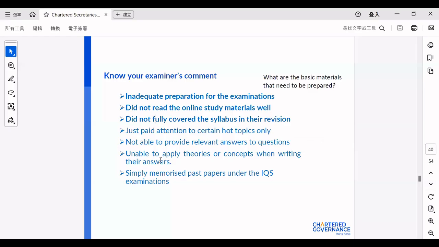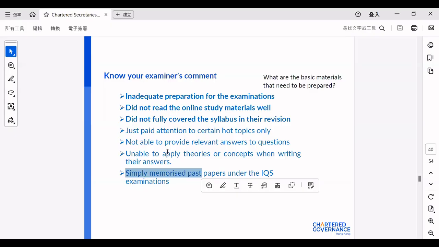Reference, I think we have covered this already. And memorizing the past paper, again, is very dangerous, because the facts are different, the angles are different, and if you simply provide an answer to a different fact, that would be a very weak application.